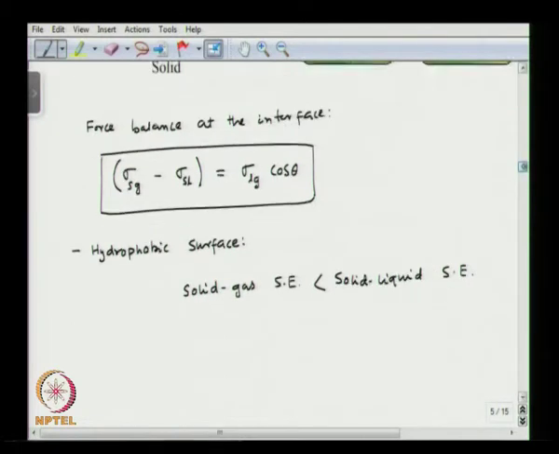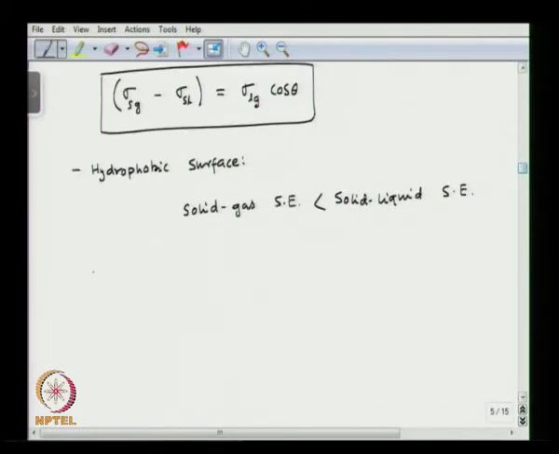Okay. And if you have a hydrophilic surface, then the solid liquid surface energy is less than the solid gas surface energy.